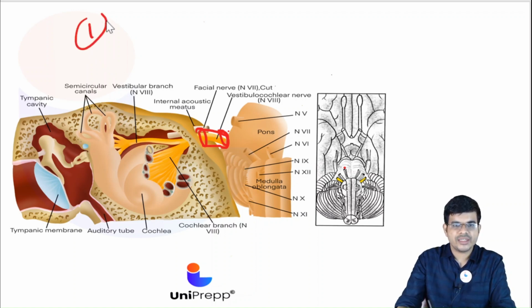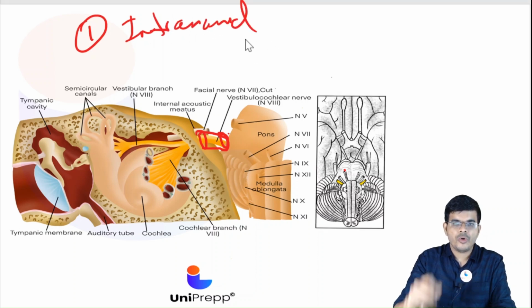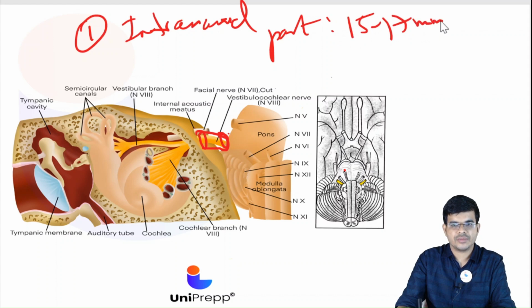So what are the parts you have? You have the intracranial part, from the motor nucleus of the facial nerve. It starts at the pontomedullary junction till the internal auditory meatus. It is about 15 to 17 millimeter in length.